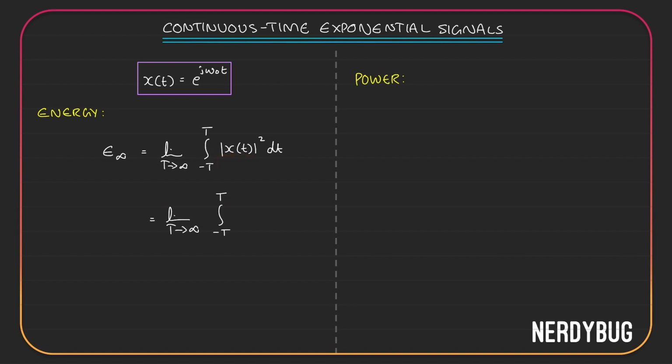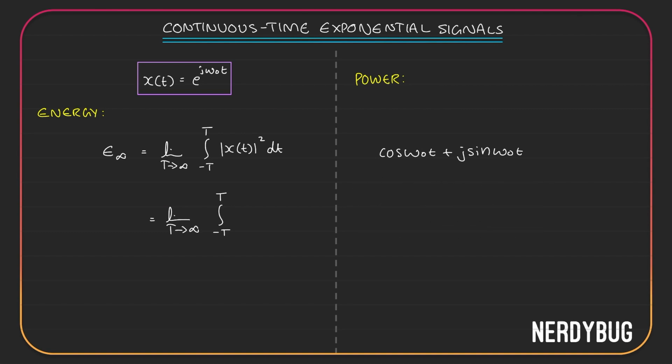But we have to take the modulus, that is, we have to take the magnitude of e raised to j omega naught t. We know e raised to j omega naught t is the same as cos omega naught t plus j sine omega naught t. If you have a complex number a plus jb, its magnitude is given as root of a square plus b square.